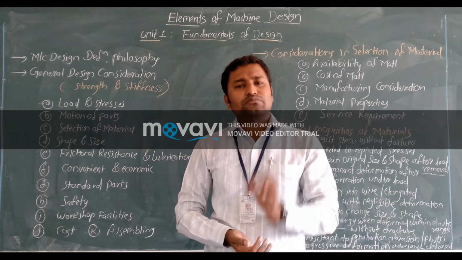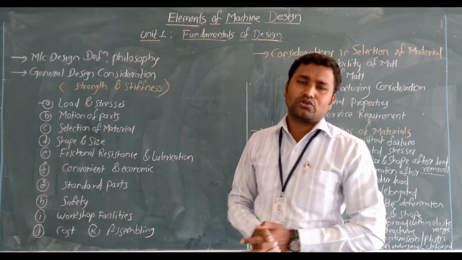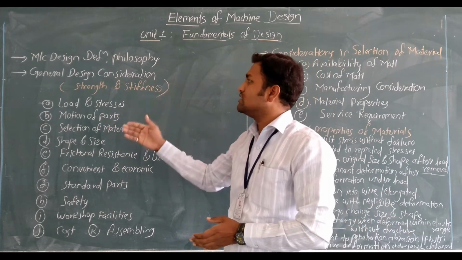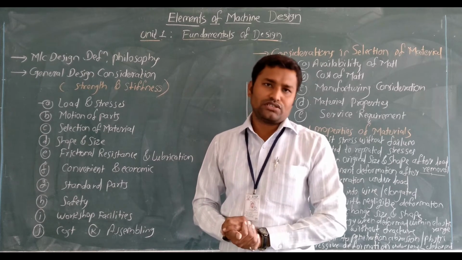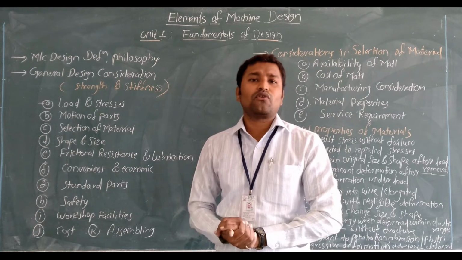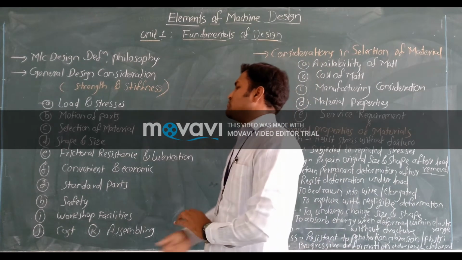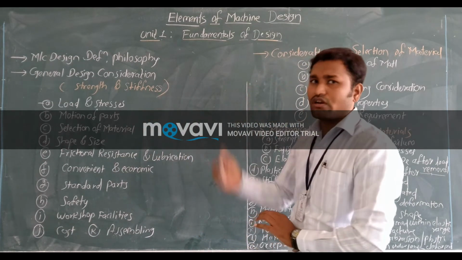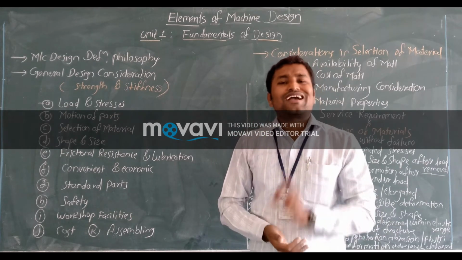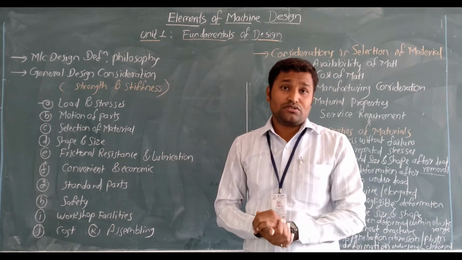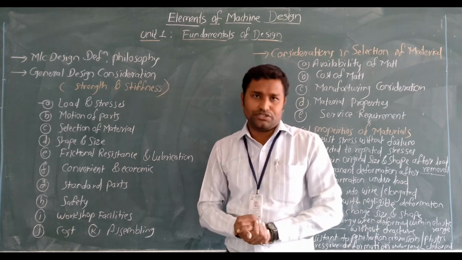Due to these types of loads, internal stresses are set up, so this will be considered while designing any type of machine component. Okay. Then step by step we will see the motion of parts. Motion of parts means kinematics of parts, that is, relative motion between the number of components in that machine. Okay.